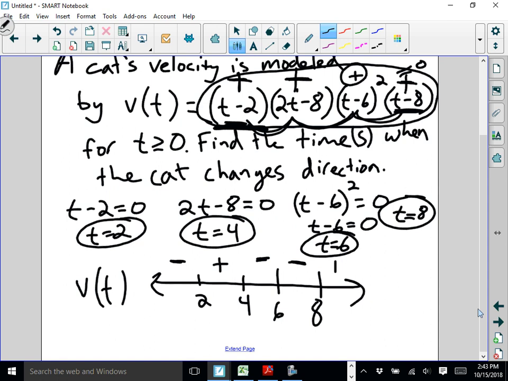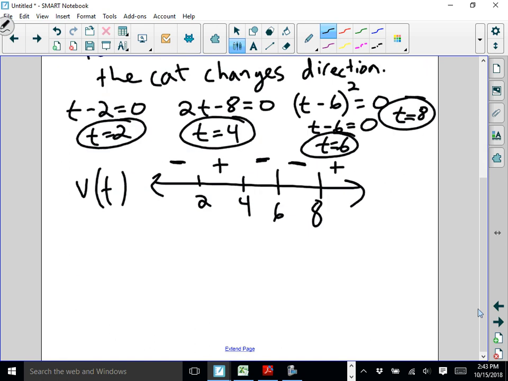Taking a look at my v of t number line now, I want to know, where did this cat change directions? Well, any t value where my velocity sign switched. So I'm going to say t equals 2, because velocity went from negative to positive.